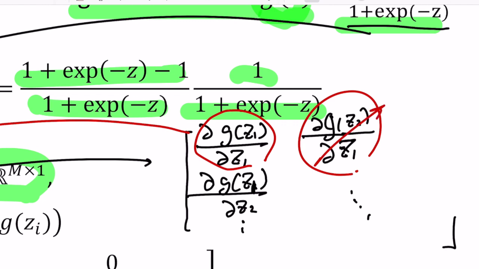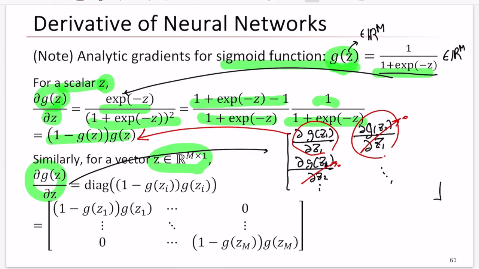The off-diagonal entries should be 0, because there is no z1-relevant term in g of z2. Similarly, this is going to be the diagonal matrix with 1 minus g of zi times g of zi, up to 1 minus g of zm times g of zm, which is in m by m matrix space.